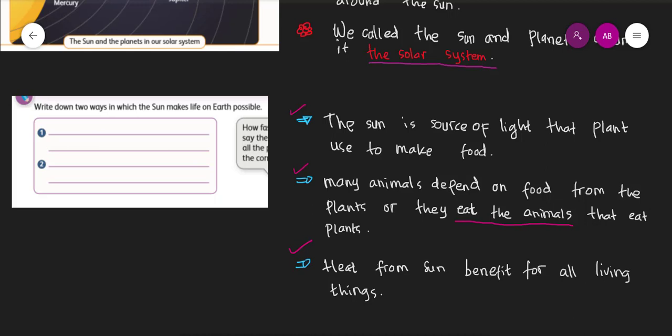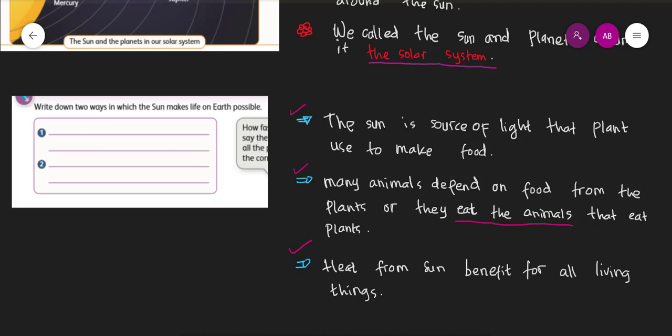Actually, we cannot live without the sun. It's impossible to live on this earth without the light, everyone. It's the same as needing oxygen to breathe. It's the same as needing water to drink. The sun is the same for us. If the sun were not available on our earth, it would be a disaster for all living things.